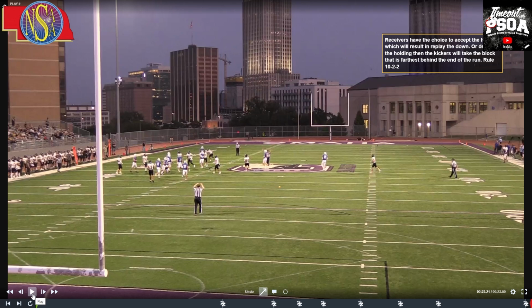The rule reference of this is 10-2-2. Now, if the receiving team does not want to take the ball half the distance to the goal from the one that is closest to the goal line, they could accept the holding. The kicking team will accept the illegal blindside block, and now we have penalties that offset, and we will punt it once again.